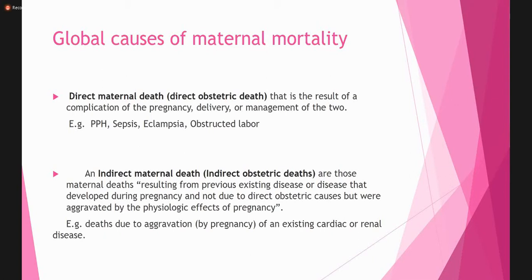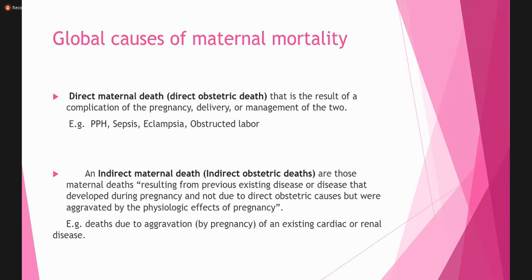So here the cardiac disease may aggravate during pregnancy, and the common causes are the congenital heart defects. If a mother has a congenital heart disease, 60% of cases are due to patent ductus arteriosus or atrial septal defect or ventricular septal defect. So these cardiac problems in the mother can aggravate during pregnancy.